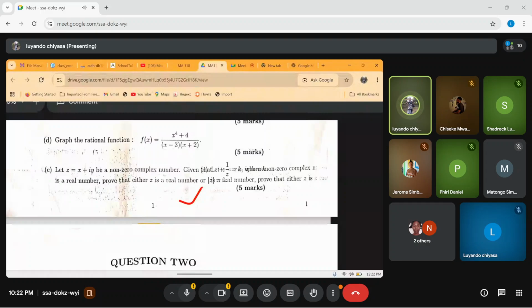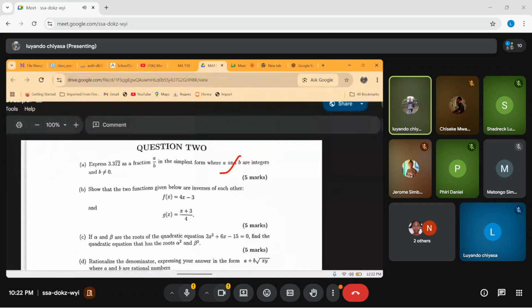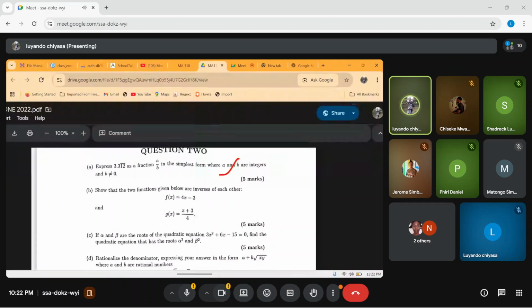I don't know if you can see the typing error that was here. I don't know if it's a printing error or a typing error. But once I find it, we're going to look at it. Okay, so I think we can come here on question 2.